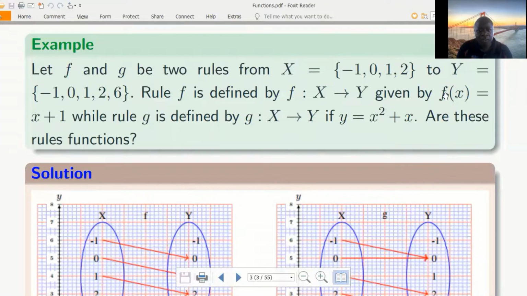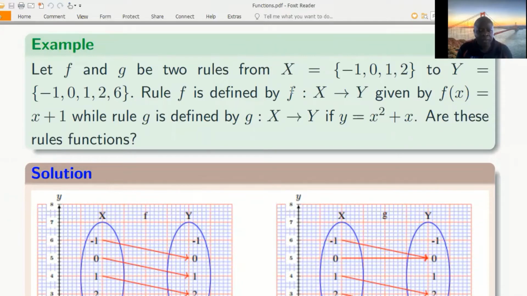So let's look at this other example. The example says, let f and g be two rules from set x, which has elements -1, 0, 1, and 2, to set y, which has elements -1, 0, 1, 2, and 6.